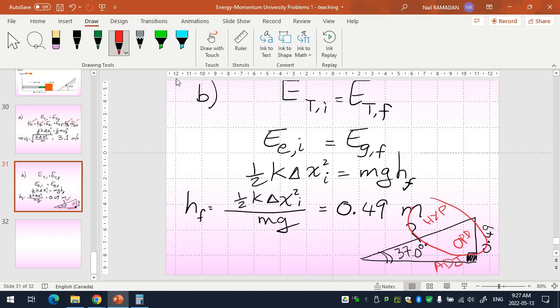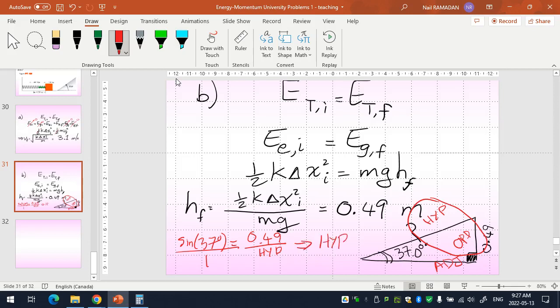So I need to relate those two: SOH. So sine of 37 equals O over hype, so 0.49 divided by hype. How do you solve this? You crisscross. You're going to end up having to divide the 0.49 by the sine of 37.